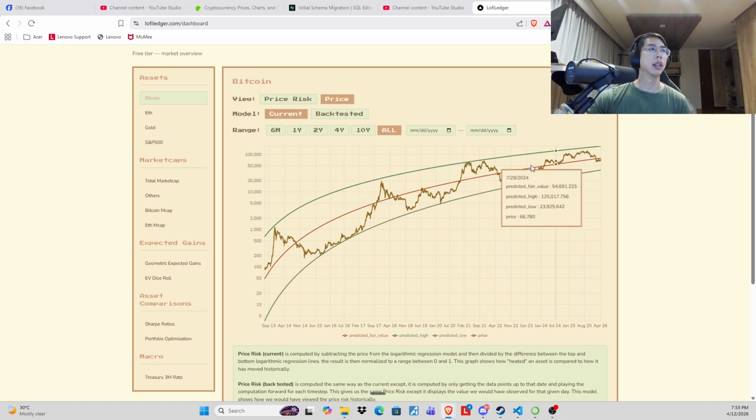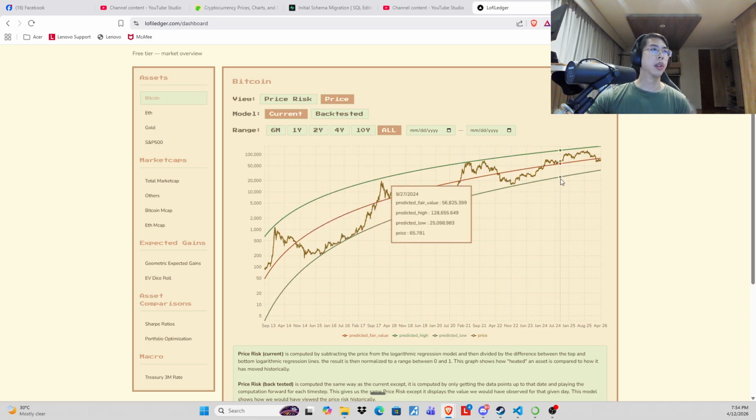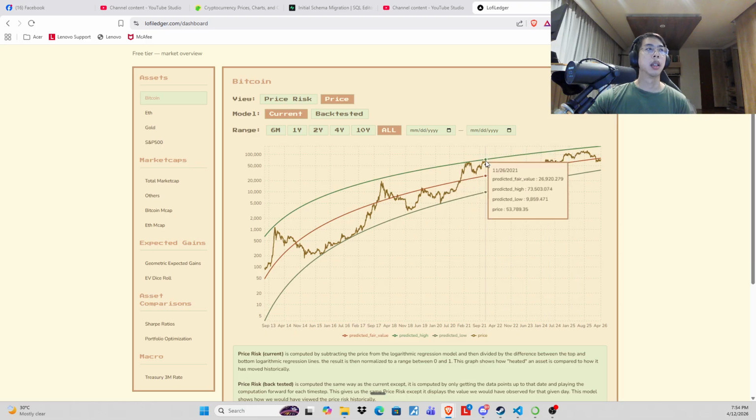But it has really big lows. For example, from 2021 to 2022, it went from 64,000 to 16,000. It's like a 4x drop, right? So even though it has huge gains, it has huge downsides as well.